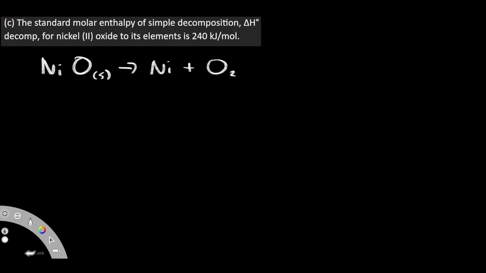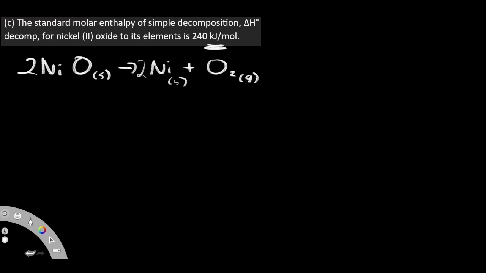We obviously have to balance this out. Please pause the video, give it a try to balance it. All right, you should have figured it out that you have to put a 2 in front of there and another 2 in front of here. So now we're good. Again, this should be solid, this should be gaseous. And then what we're going to be doing now is putting in our 240 kilojoules per mole. Well, here's the problem.